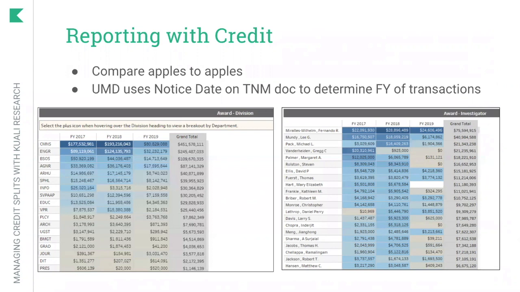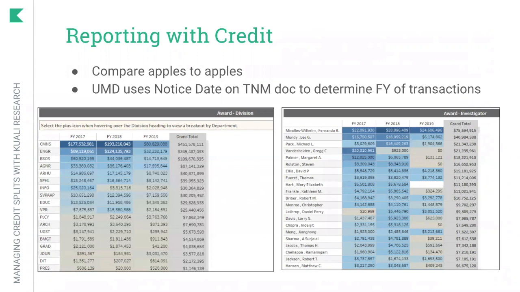College Park uses the notice date on the time and money document, because we do use the time and money document in the award to determine the fiscal year of our transaction. We're able to do the exact same thing by college, by department, and by investigators, which is what you see on the right-hand side.